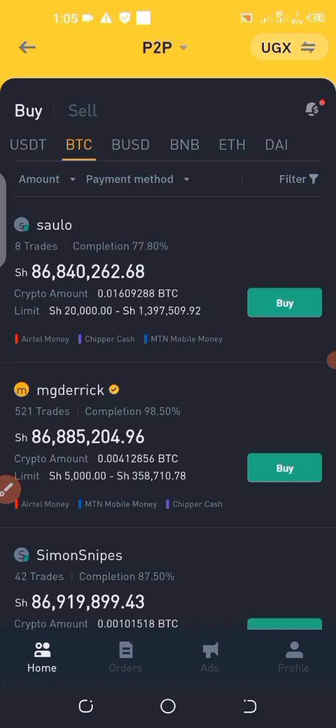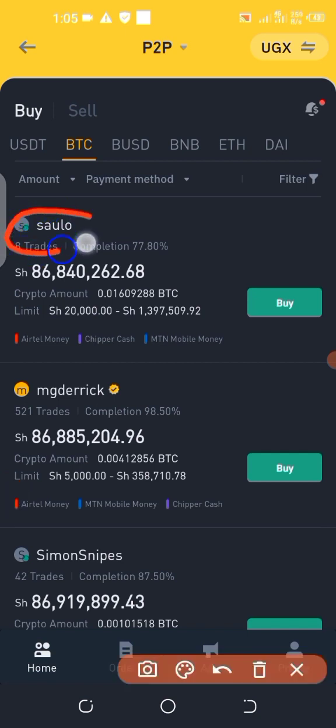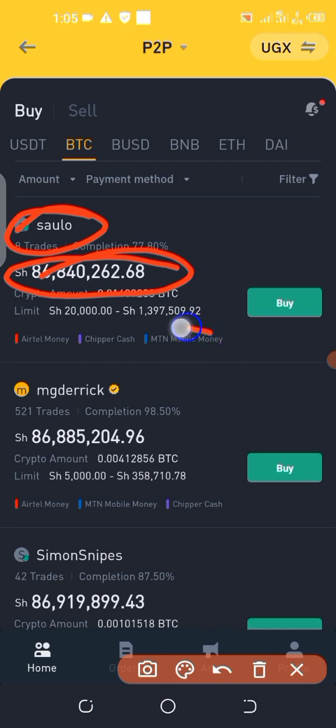So P2P, these are just sellers. Now we are in a buy section. This is a person called Saulo. Saulo is selling his Bitcoin at this amount, 86 million plus. So these are the payment methods.